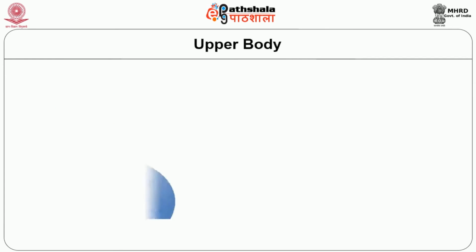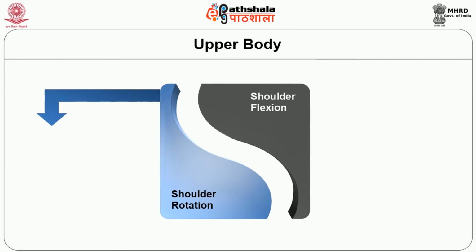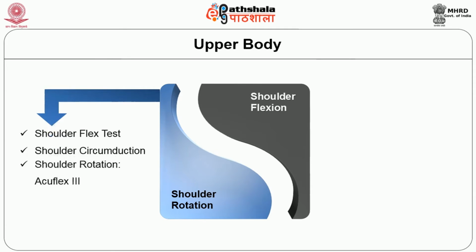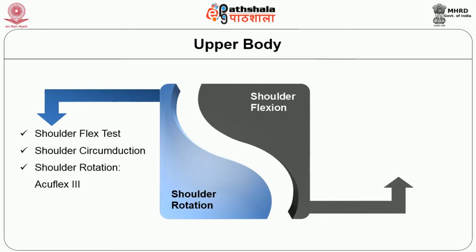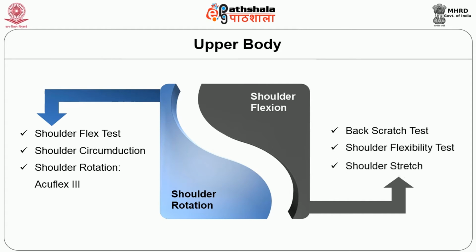For the upper body: shoulder flexion test, shoulder circumduction test, shoulder rotation test. For the shoulder flexion, the back scratch test, the shoulder flexibility test and shoulder stretch test may be conducted.